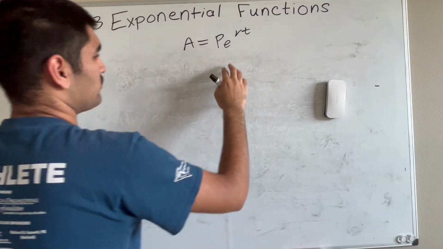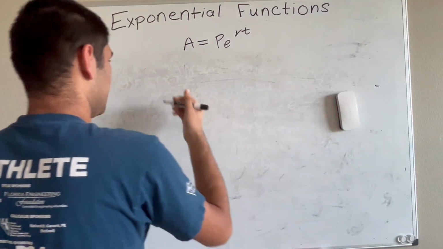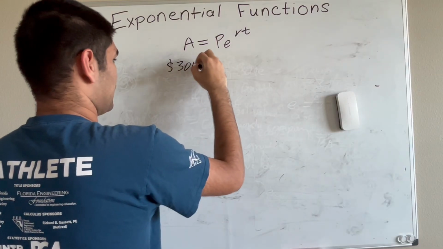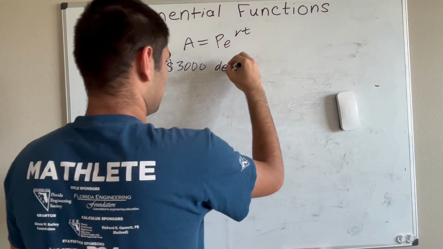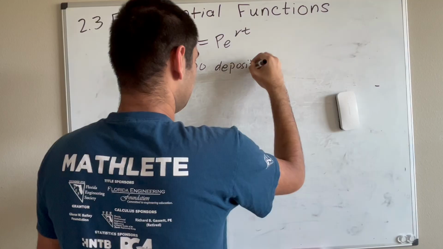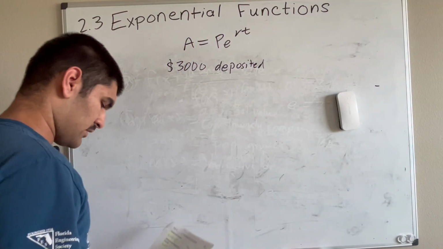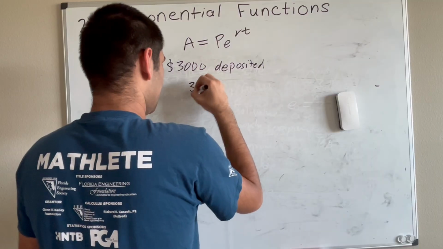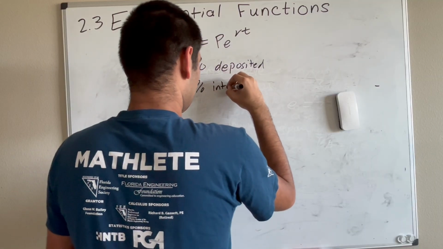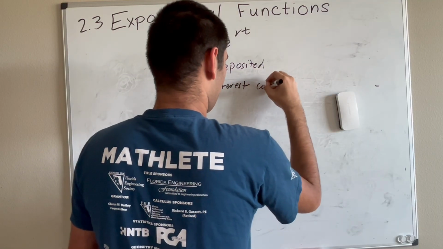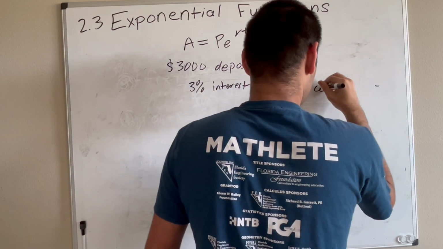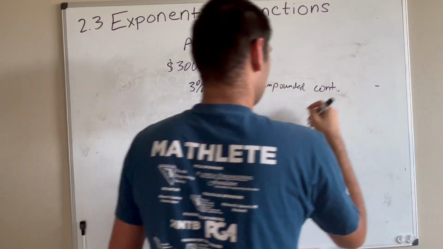Some problems you could solve with this: for example, let's say you have $3,000 that you deposit into a bank. So you deposit $3,000 in the bank, and then the bank gives you 3% interest, but it's compounded continuously, right?